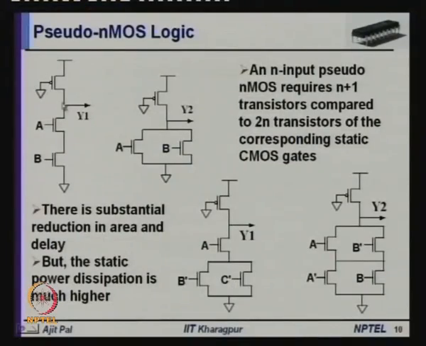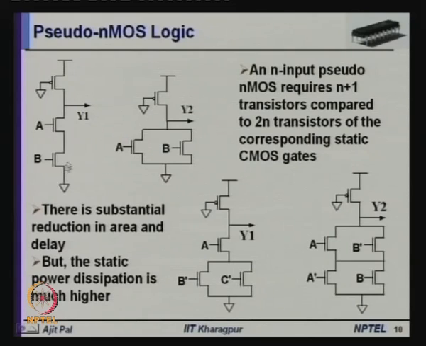But unfortunately, it has a very serious limitation. What is that serious limitation? As you know, when the output is 0, the pull-up transistor is on, and the pull-down network is also on, and as a consequence there will be static current flow through this path.